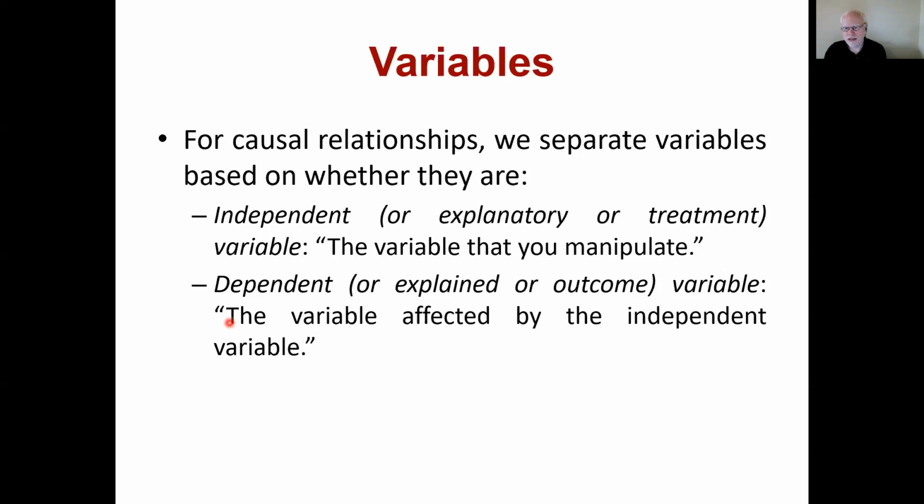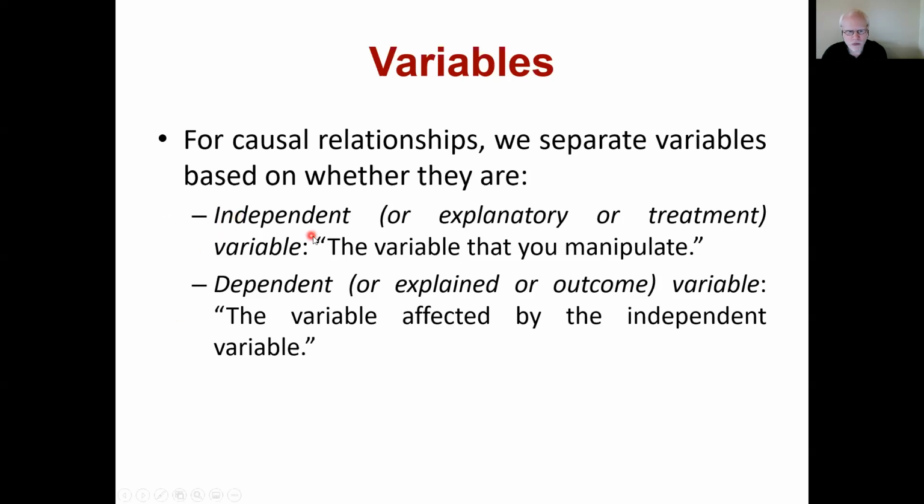For causal relationships, we separate variables. This isn't applicable if it's correlational or descriptive, particularly correlational, where we're looking at a relationship. This is only applicable if we're talking about a causal relationship. And so we can separate variables based on whether they're independent or dependent.